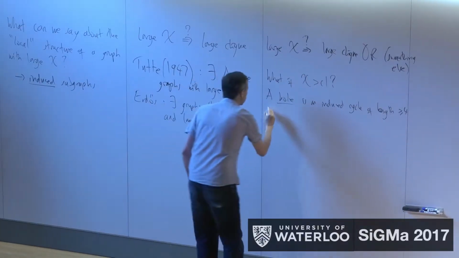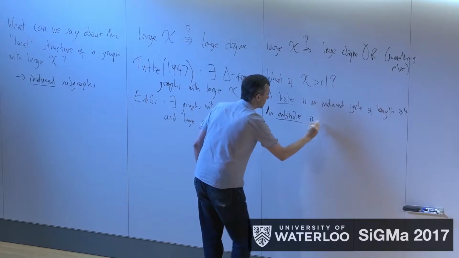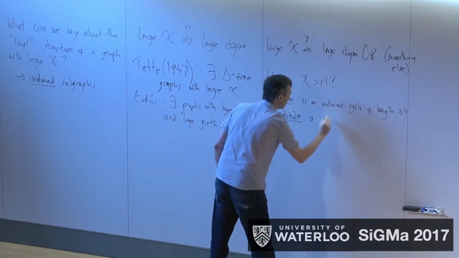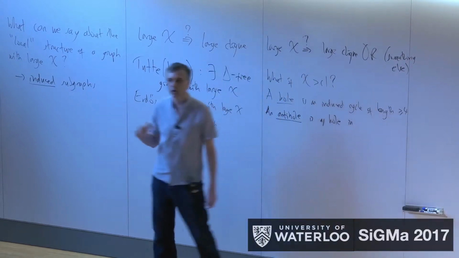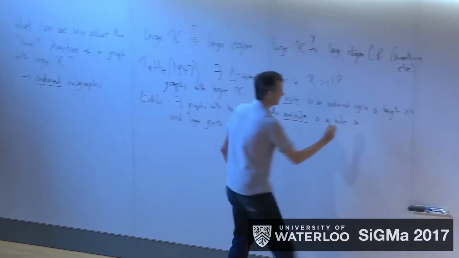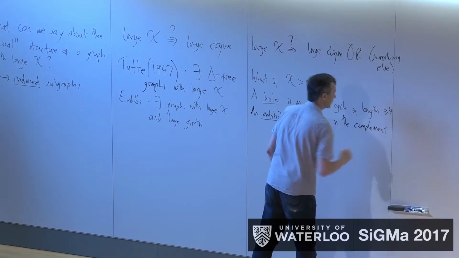And an antihole is a hole in the complementary graph, so it's the complement of a hole.